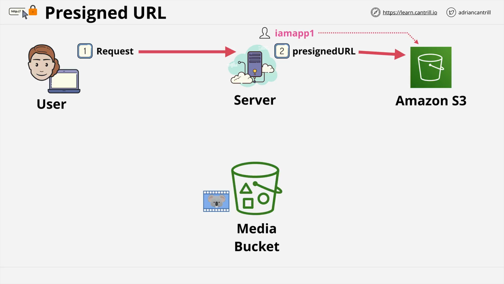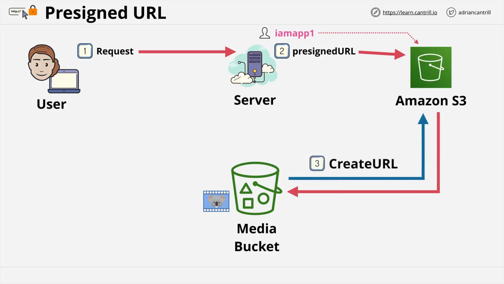The S3 service then creates a URL which has encoded within it the authentication information for the IAM app1 user, and access to one object in the bucket on a short time-limited basis, maybe 2 to 3 hours. The S3 service then returns that to the application server and through to the end user.